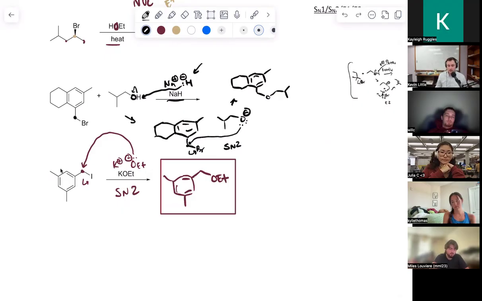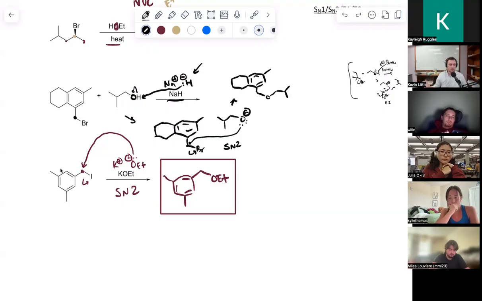The short answer is we have things that are basic that don't like to be nucleophilic, if that makes sense. So think about the difference between a substitution reaction and an elimination reaction. In substitution, you're trying to get into a carbon, you're doing a nucleophile-electrophile reaction. In elimination, you're taking a proton, it's an acid-base reaction, it's a base.